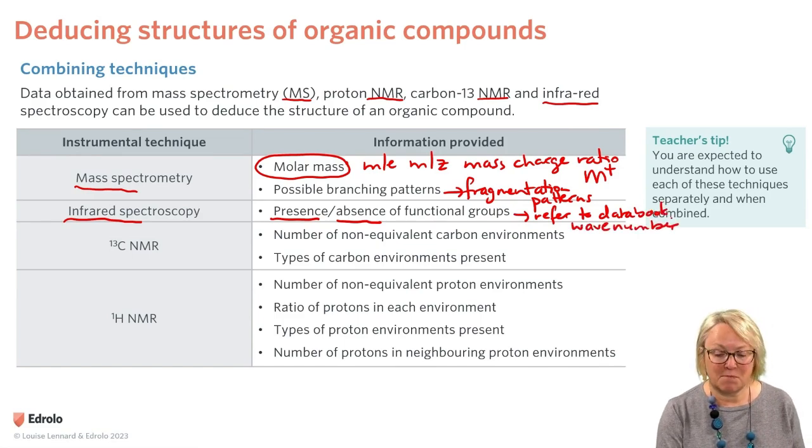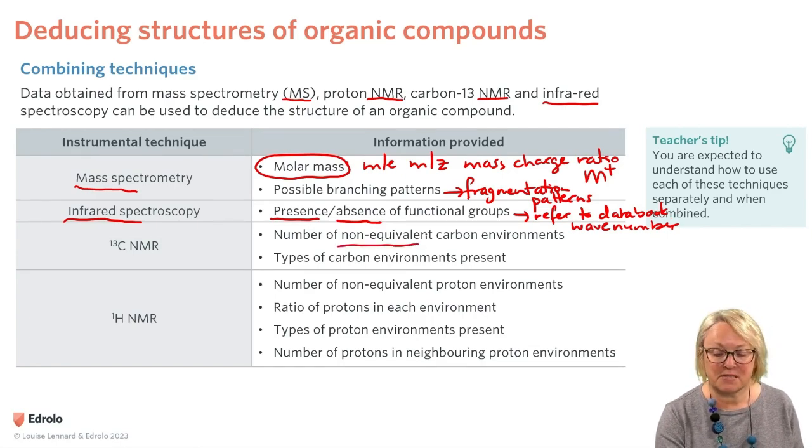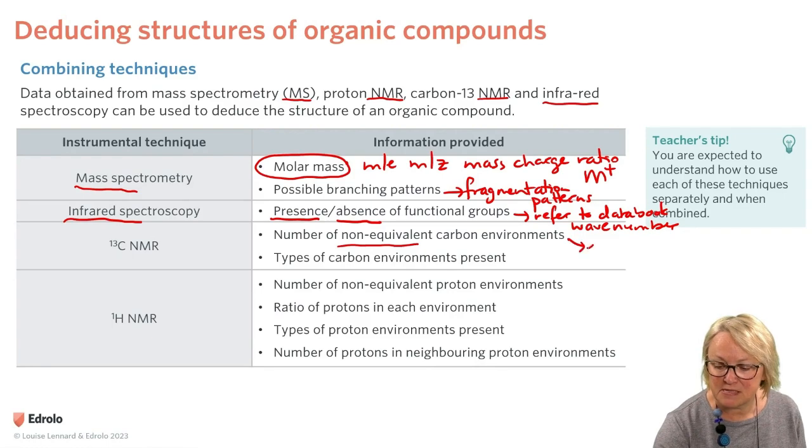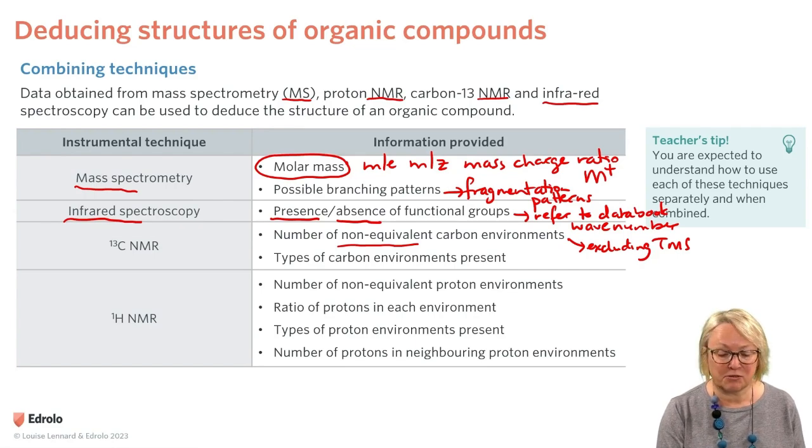13 carbon NMR tells us the number of non-equivalent carbon environments, excluding TMS, which tells us the number of unique carbon environments present in a molecule.